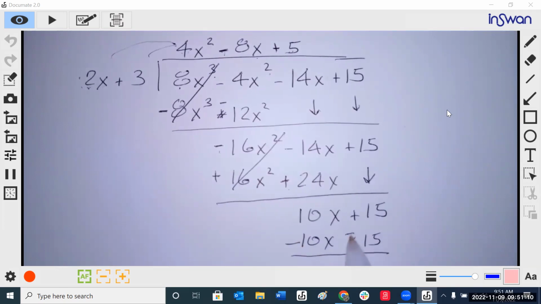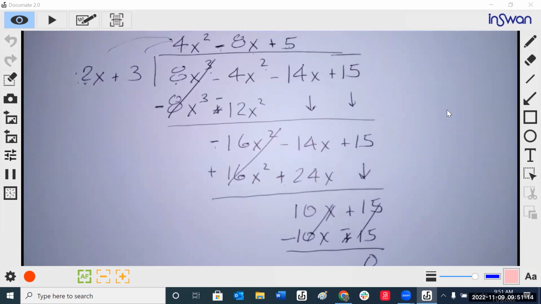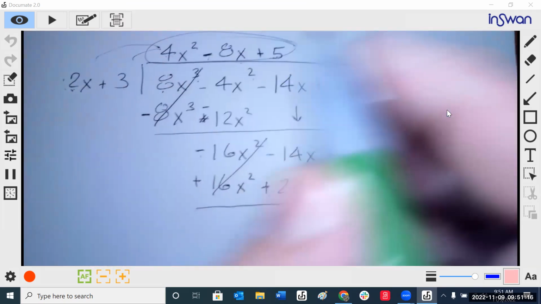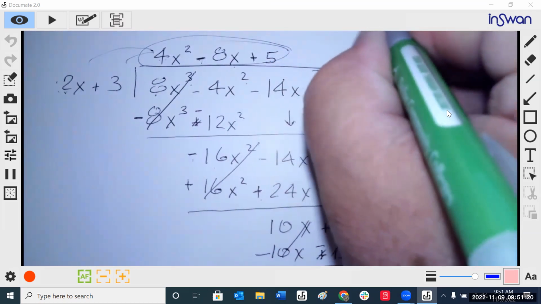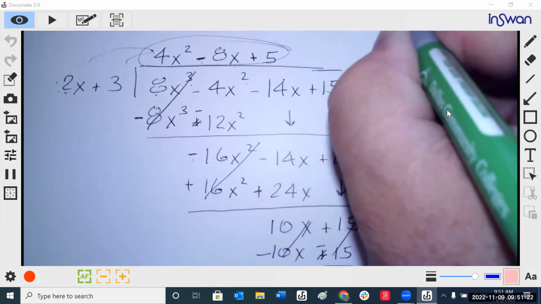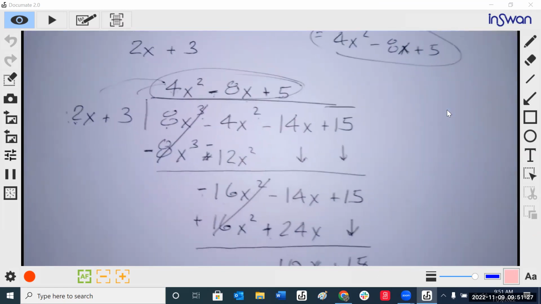Change the signs and add. So that's my answer. So far, so good?